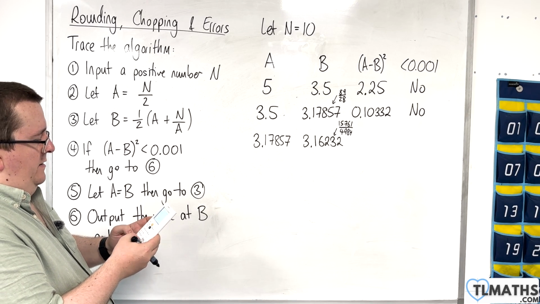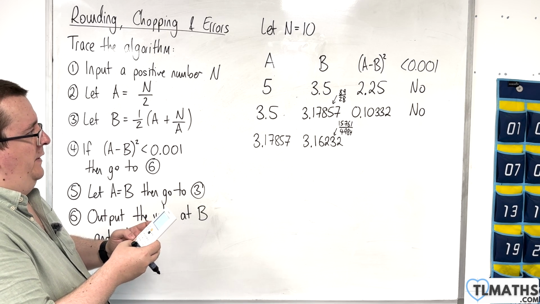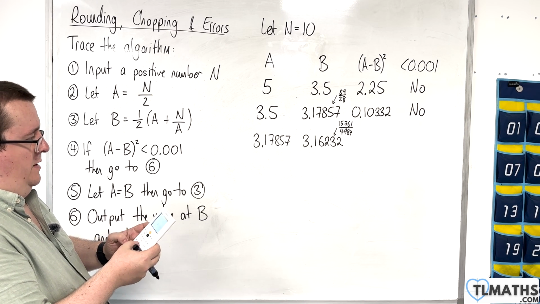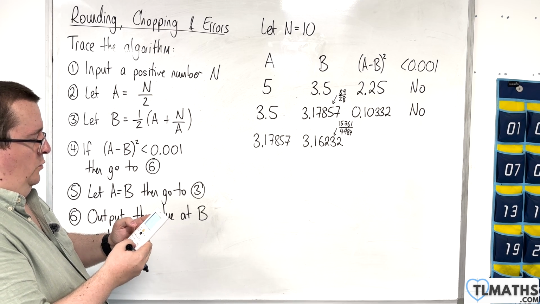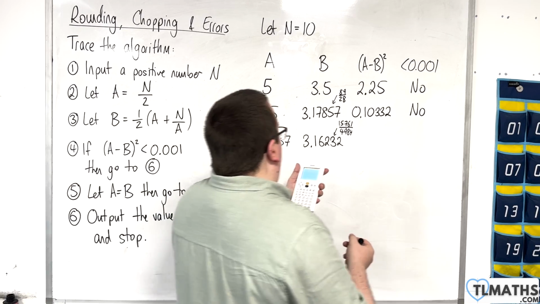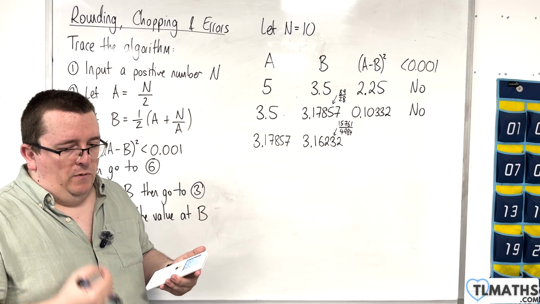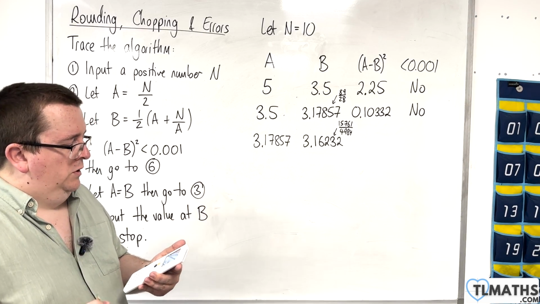Okay, now I'm going to do a take away b squared. So 89 over 28 take away 15761 over 4984 all squared, which is 2.64 times 10 to the minus 4.